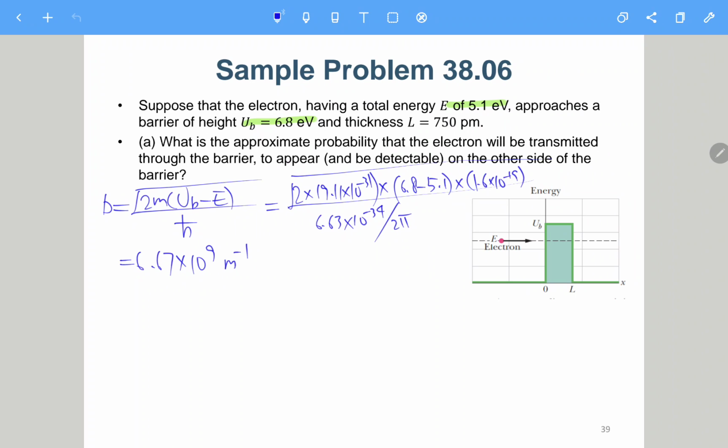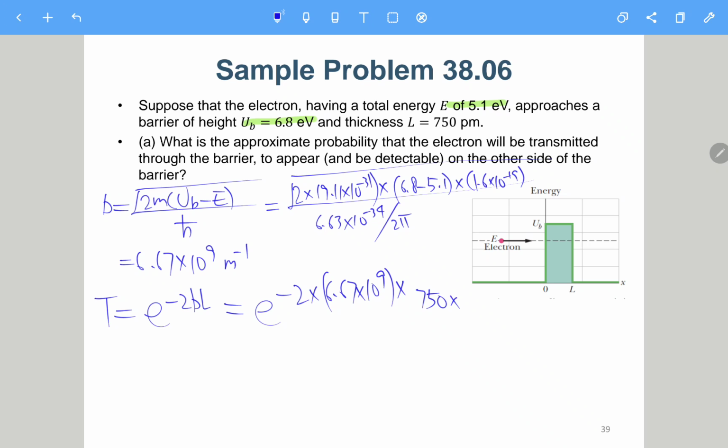Okay, so the probability of tunneling is T equals exponential to negative 2B L. We just need to plug in the values. So we have exponential to minus 2 times 6.67 times 10 to the 9th power, multiplied by 750 picometer.